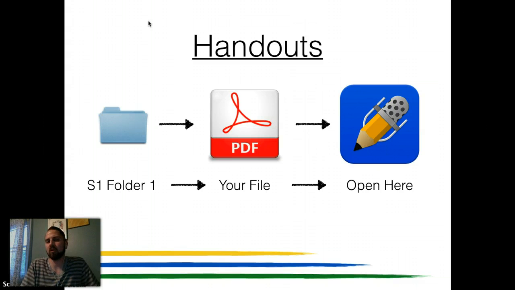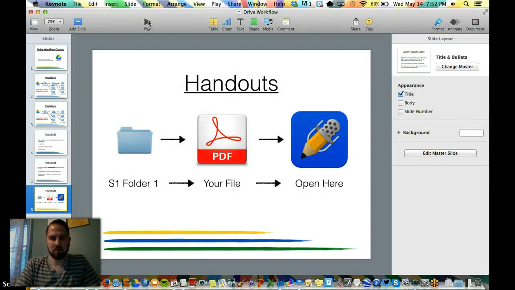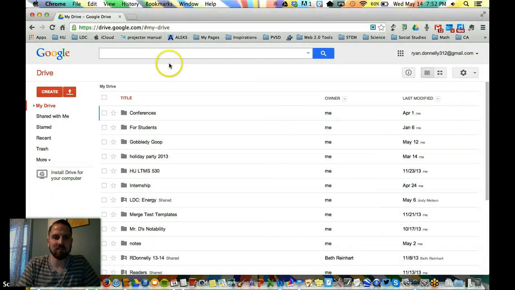There are a couple of workflow options there that might make your life exponentially easier. So I put it in the particular folder that they're going to look for. They find the PDF file by the name that I want them to look for. They go and work on it in Notability. And I want to show you in the live view what that looks like.